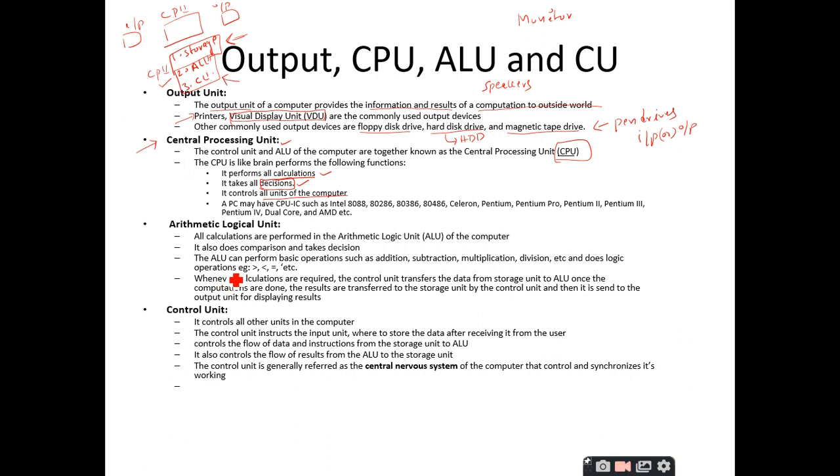So, you have different processors like Intel 8088, you remember this term 8088, this is one processor, 80286, this is another. A microprocessor or microcontroller can be there, 80386 microprocessor, Celeron, Pentium Pro, Pentium 2, Pentium 4, dual core, AMD, these are all the different processors we have.